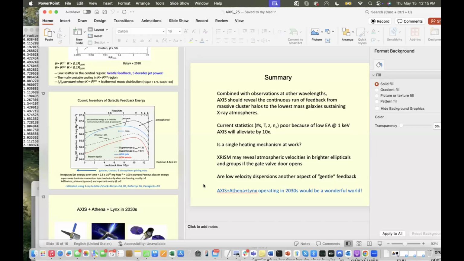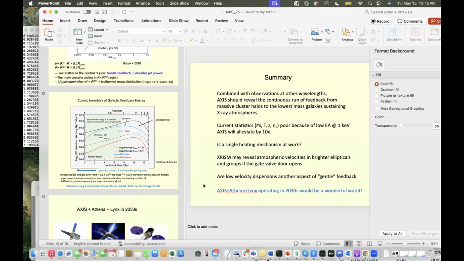But really, it's just unclear. It's not obvious to me in the uncertainties that I just mentioned where Axis would contribute, but I'd have to give it a little bit more thought.